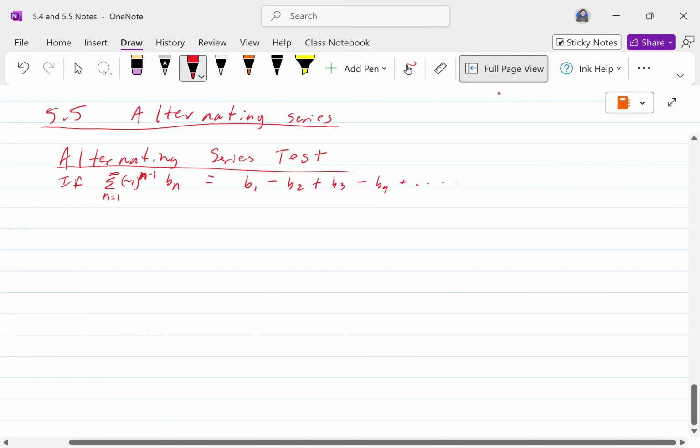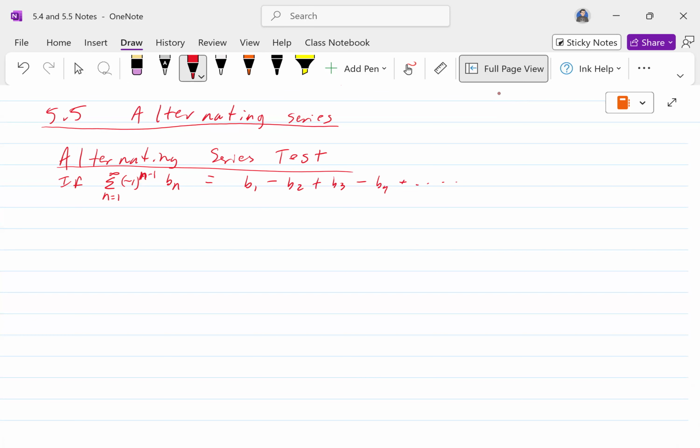So it alternates in this pattern: positive, negative, positive, negative.